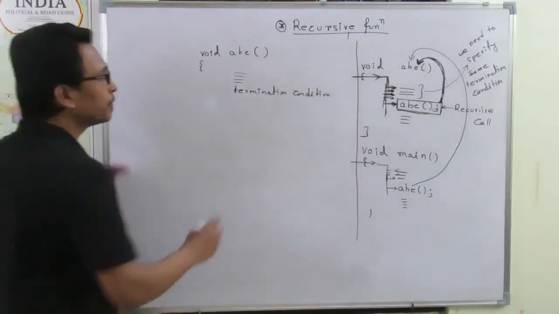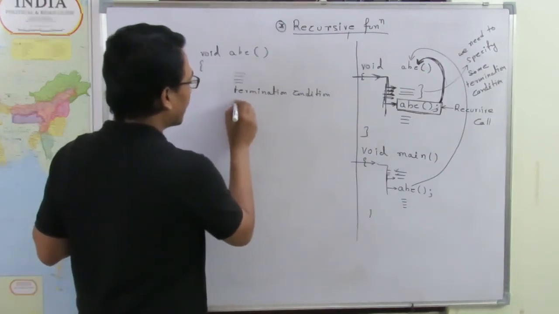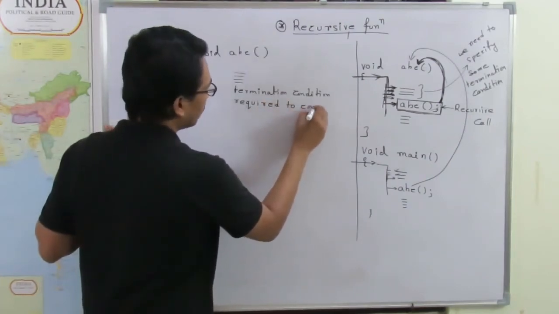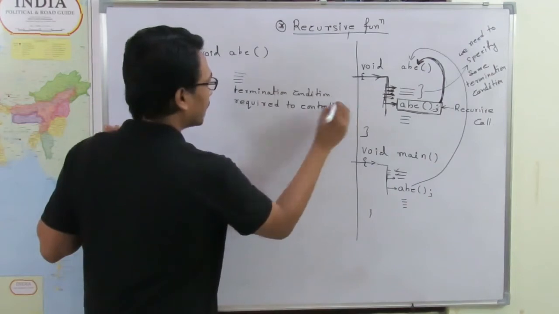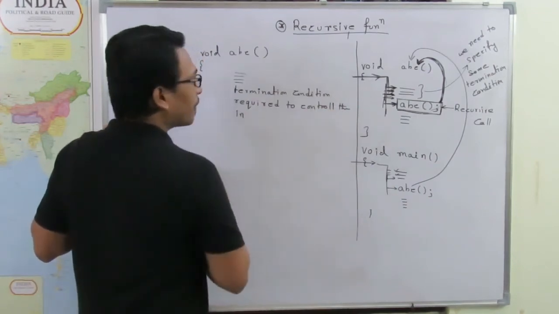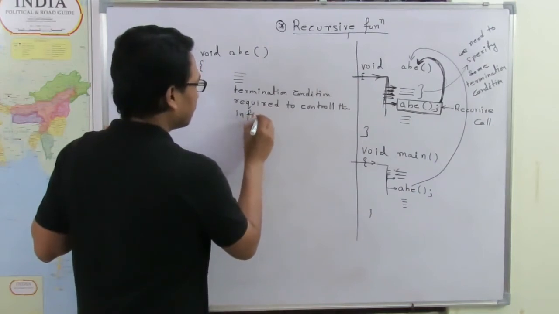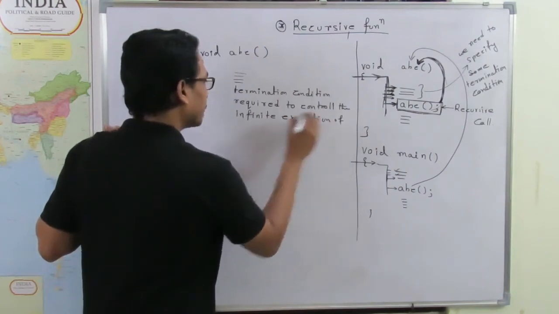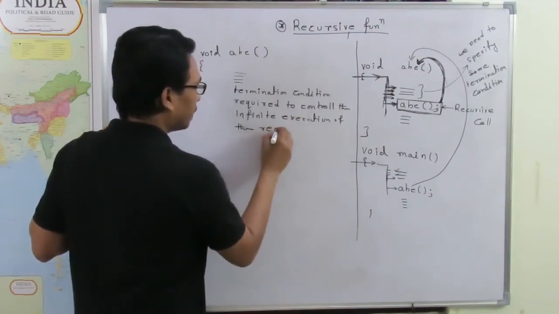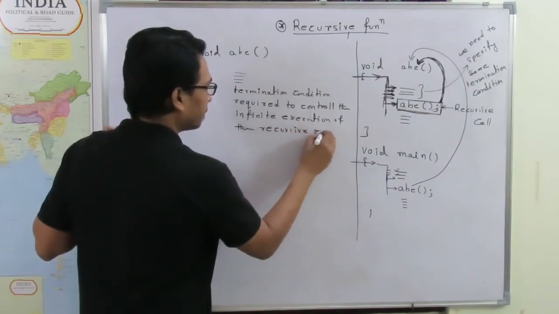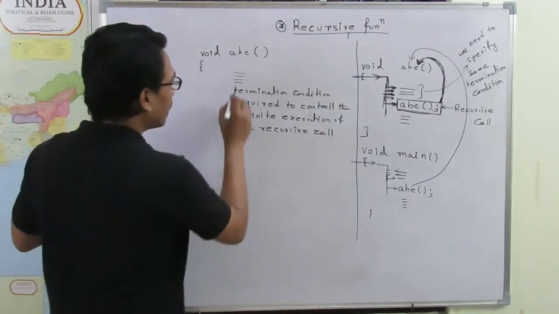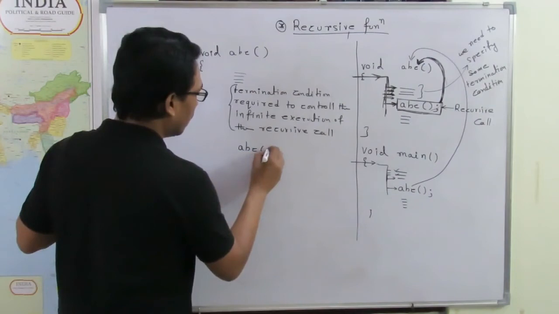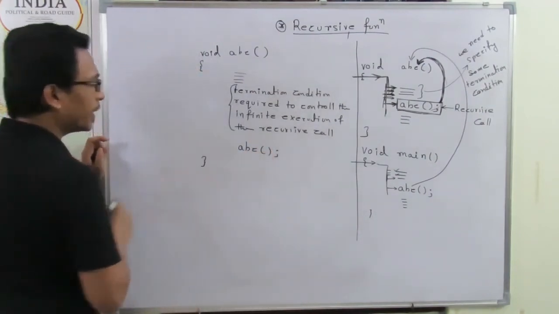The termination condition is required to control the infinite execution of the recursive call. And then this is a single statement, and then we will recursively call the function. Clear?